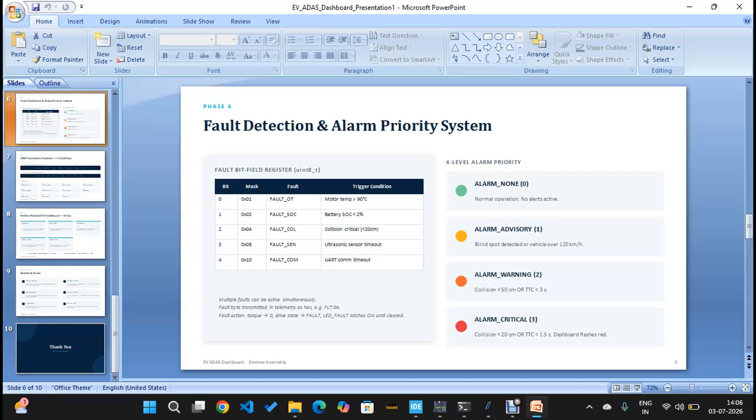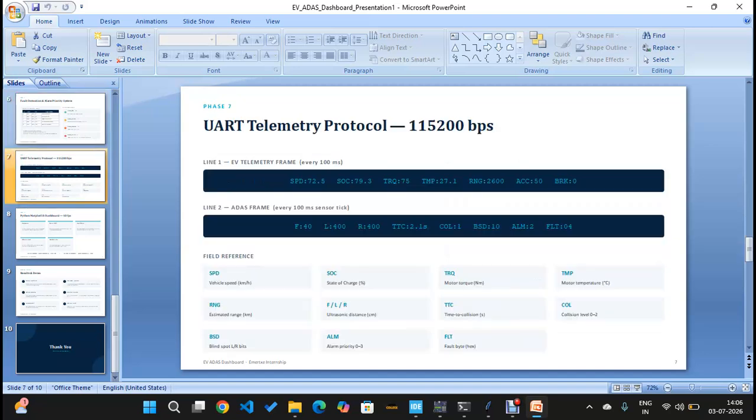I have implemented 5 faults: fault OT, the motor temperature, then fault SOC, fault collision, fault sensor, and fault comm timeout. These are the faults which I have implemented. This is the fault, and this is the alarm. There are 4 alarms: alarm none, alarm advisory, alarm warning, and alarm critical. It depends on what condition is satisfied, so it will get triggered then.